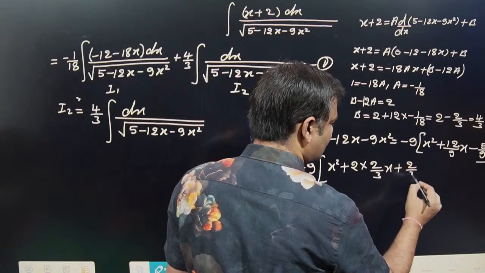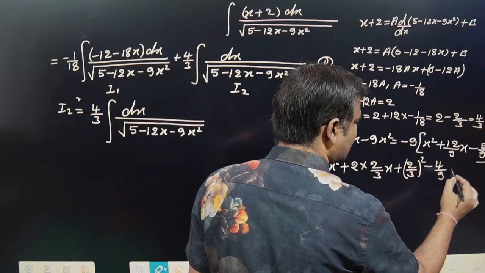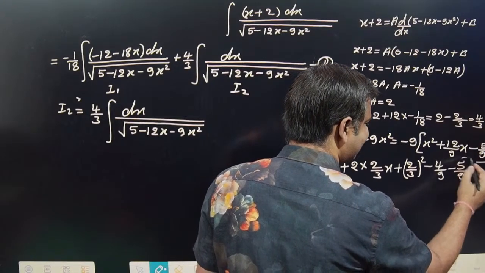So adding 2 by 3 to the whole square, and here minus 4 by 9 and here 5 by 9.